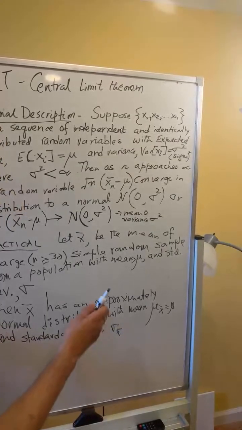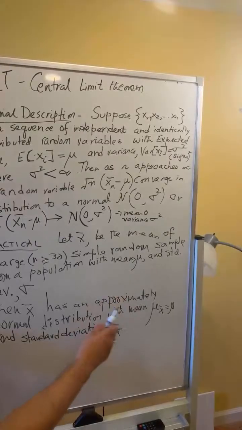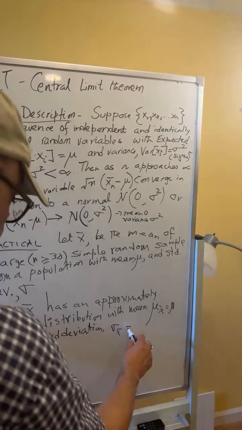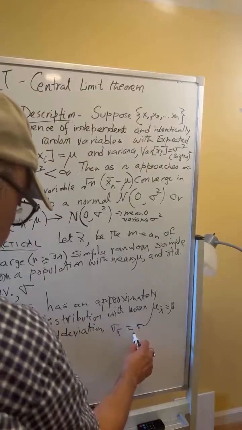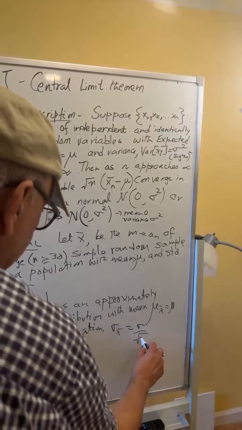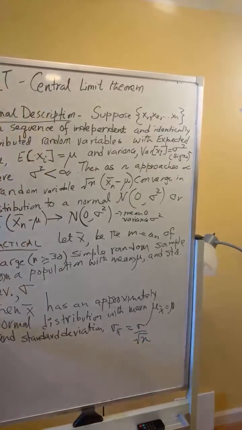This is the probability distribution of the sample means. Its standard deviation is equal to the standard deviation of the population divided by square root of the sample size.